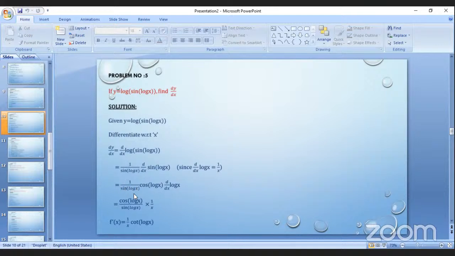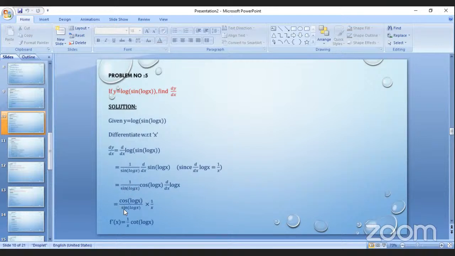1 by sine of log x into cos of log x and log x derivative. Here d by dx of log x is 1 by x.